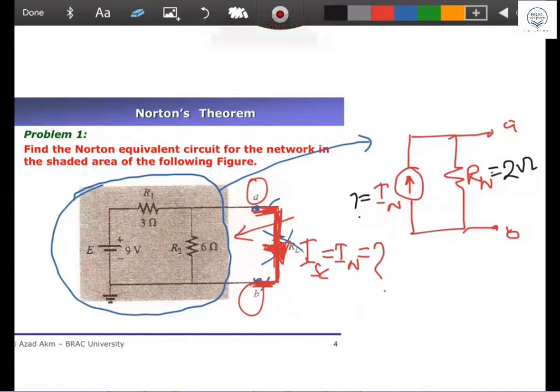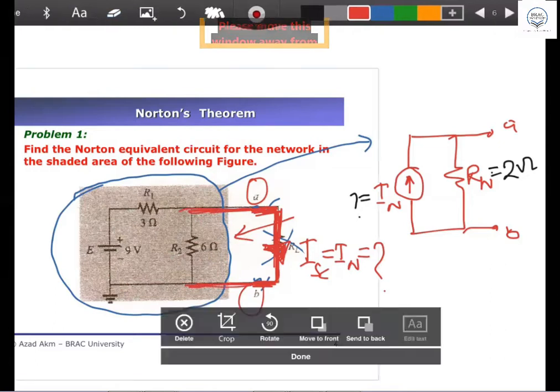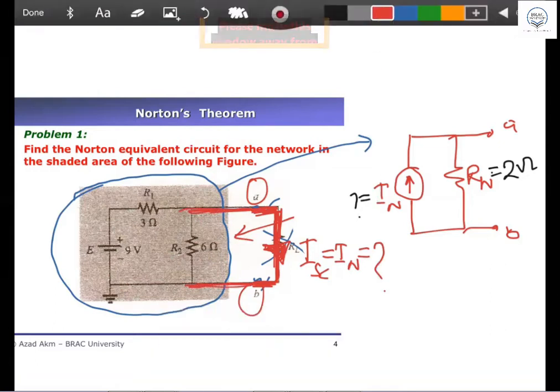Now tell me, what will be the I short circuit current? What will be the current flow through the AB terminal? One thing I'm telling you, this 6 ohm resistor, if you short it, it is shorted from here to here, isn't it? That means across the 6 ohm resistor, if you short the 6 ohm resistor like that, the 6 ohm resistance will be redundant, isn't it?